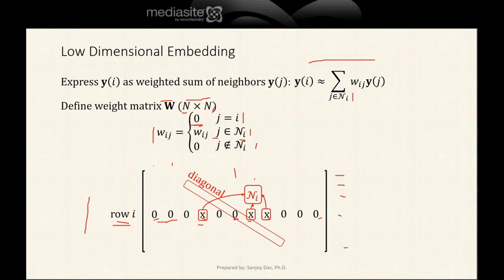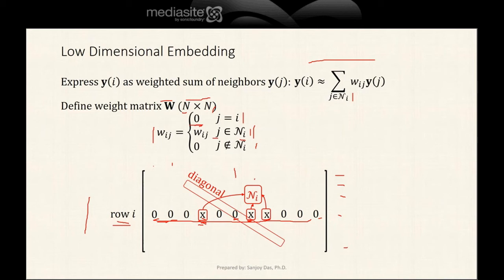And how many such non-zero entries shall we have? K, because K is the size of each neighborhood. And moreover, when we add up all the non-zero entries, we should get 1 as the sum. Why? Because summation wij should be equal to 1. In other words, when we take any row like this and add up all the elements, then we should again get 1.